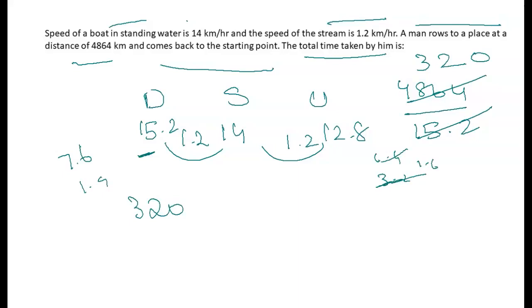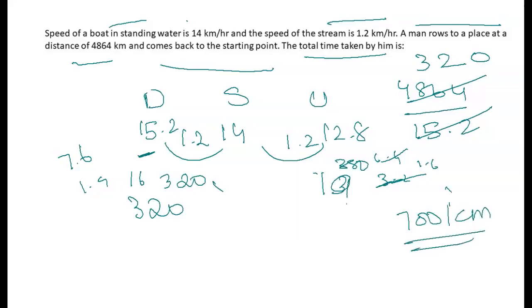If the speed ratio is 19 to 16, then the time taken is 16 to 19. So 16 parts is 320, then 19 parts is 380. Together the answer is 700 hours. Good job. 700 is the answer.